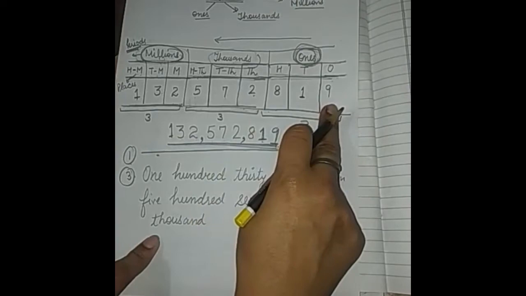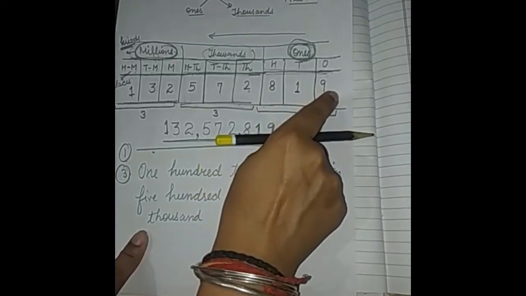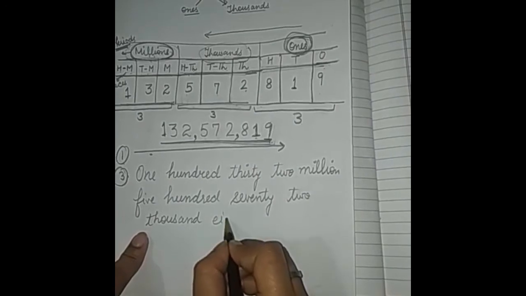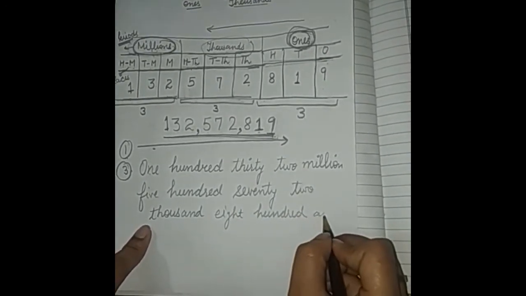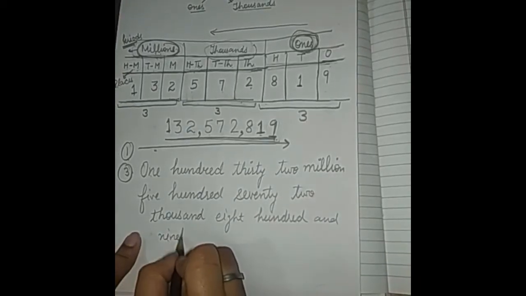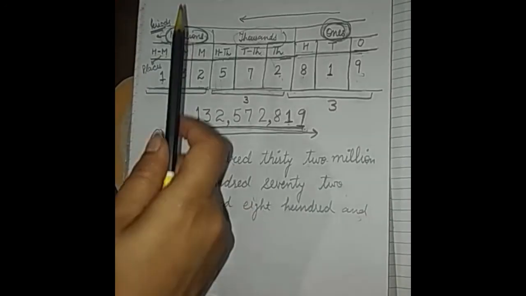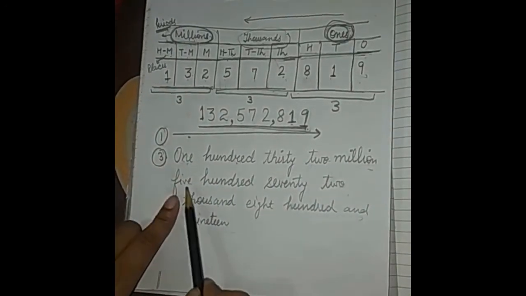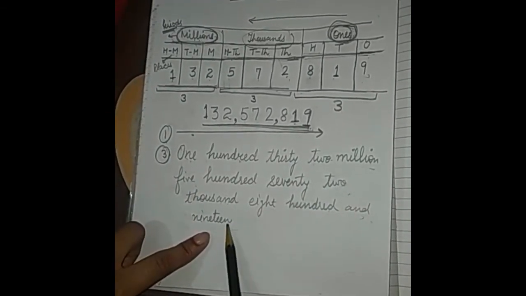And the last period is the ones period, we will not speak it, so we will write only 819. So the number naming according to the international system would be 132,572,819.